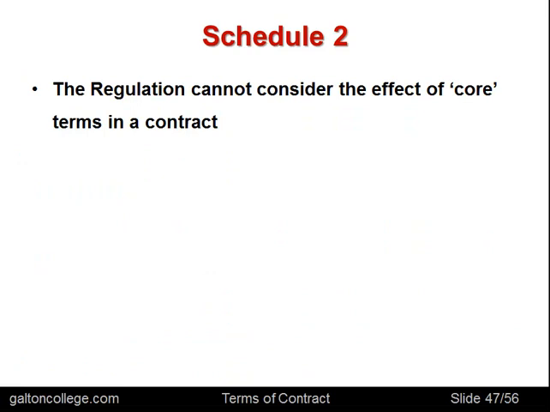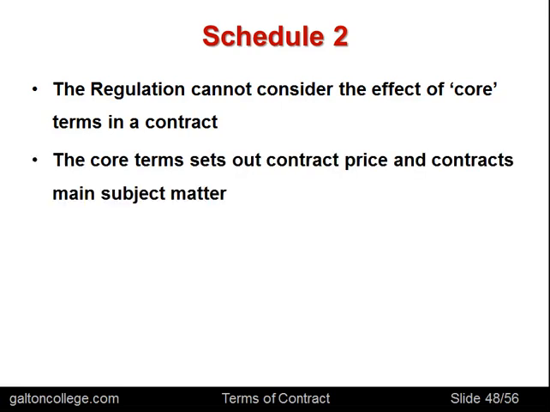The regulation cannot consider the effect of core terms in a contract. So it doesn't touch the core terms. These are the conditions of the contract. These are the essential points of the contract. The regulation doesn't consider those.